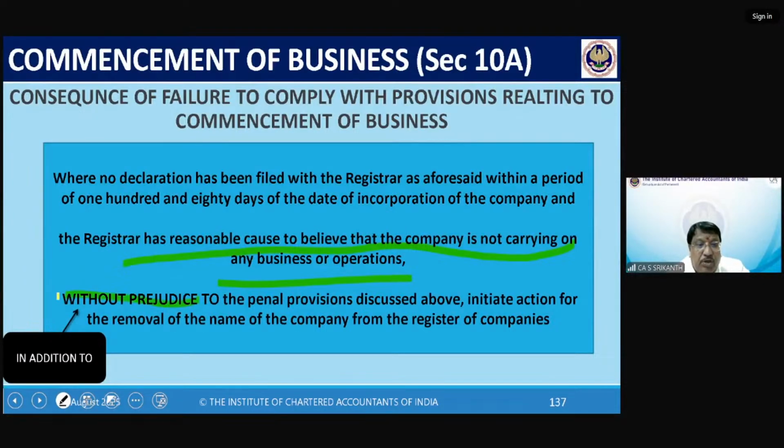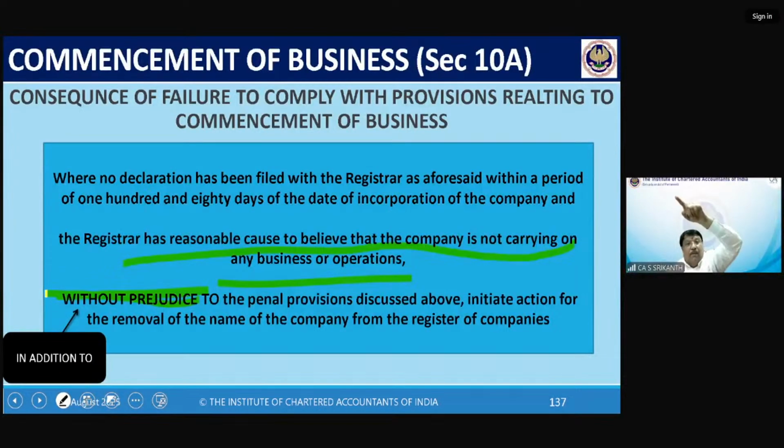See, this is without prejudice, because there is another provision in the final syllabus for defunct companies. So there again, if the certificate of commencement of business is not obtained, he can designate it as a defunct company. He may not strike off. Please note it.